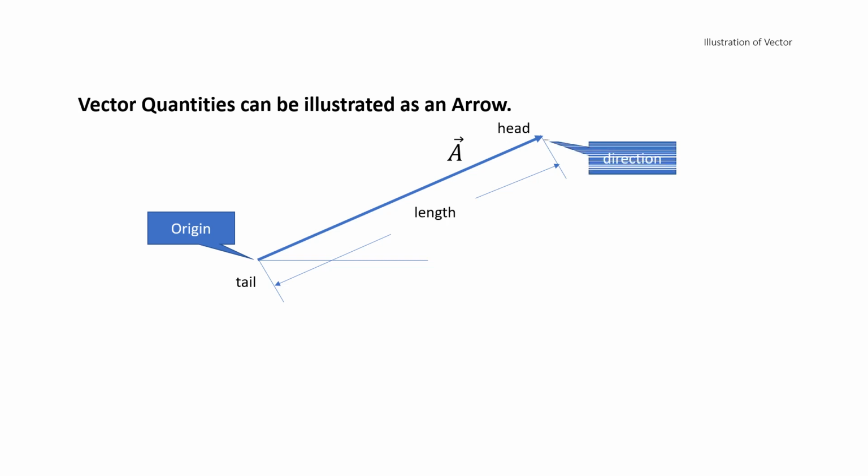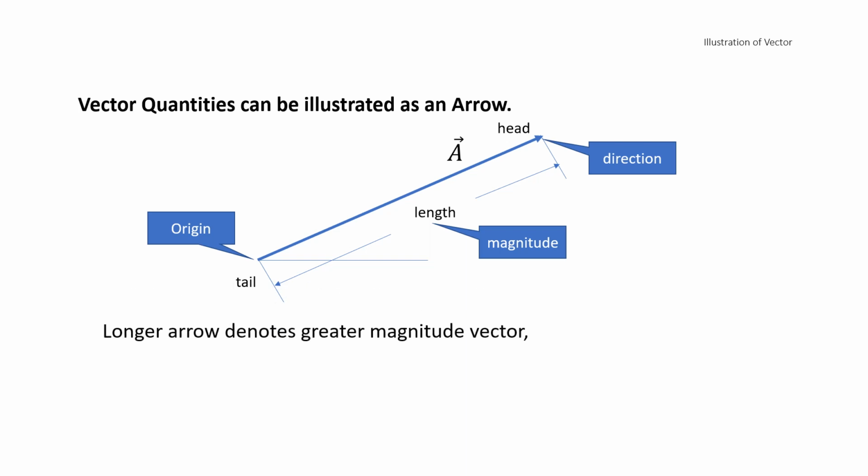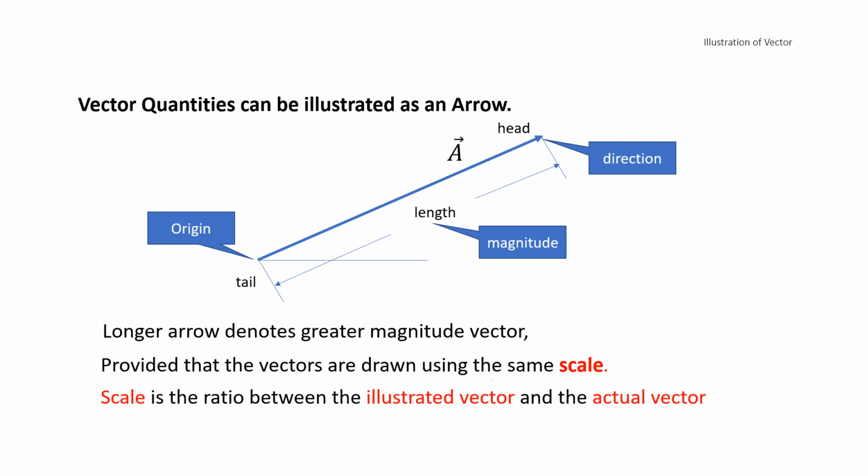The head shows the direction of the vector, and the length of the arrow denotes the magnitude of the vector. Thus, a longer arrow means greater magnitude. This observation is correct if the vectors are drawn using the same scale. The scale is the ratio between the illustrated vector and the actual or real vector.